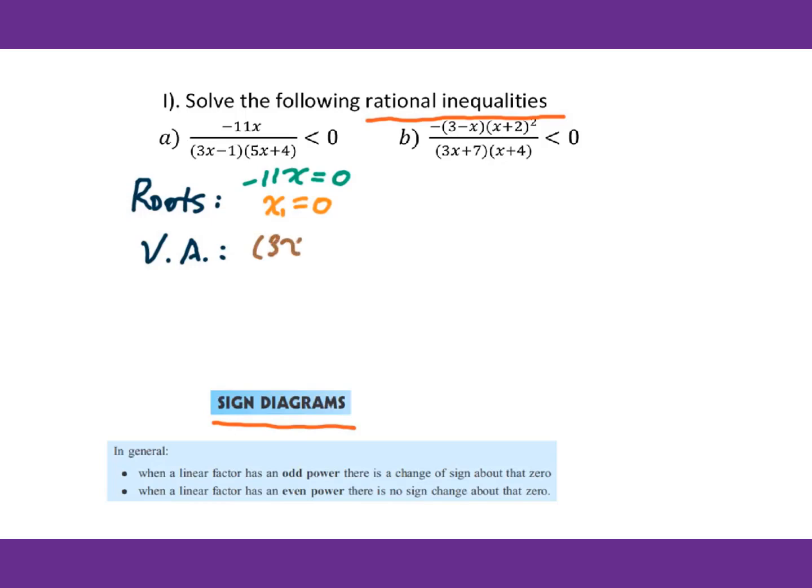Therefore, you set 3x minus 1 and 5x plus 4 equal to 0. Means x equals 1 over 3 and also x equals negative 4 over 5. These are the vertical asymptote lines. Then we draw a number line.